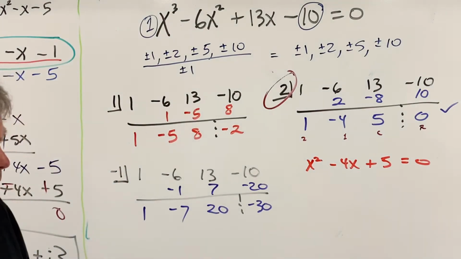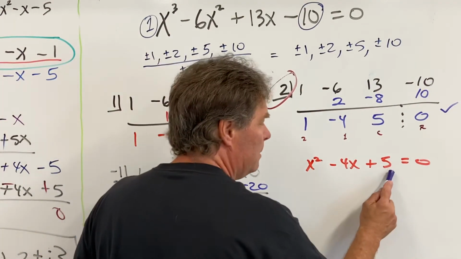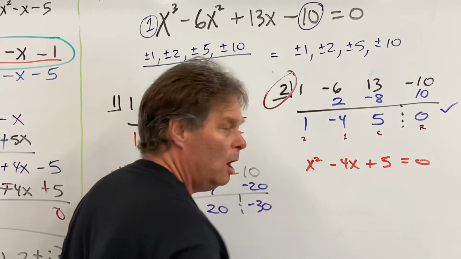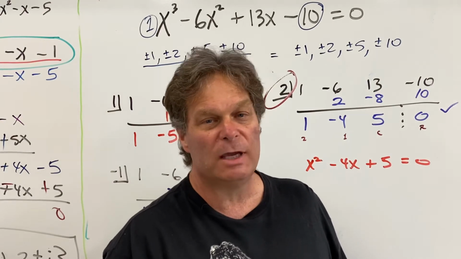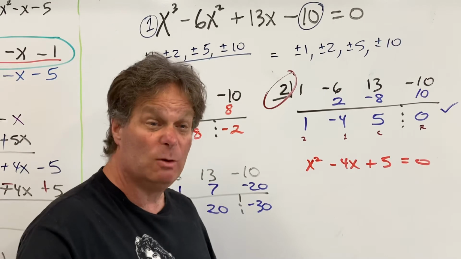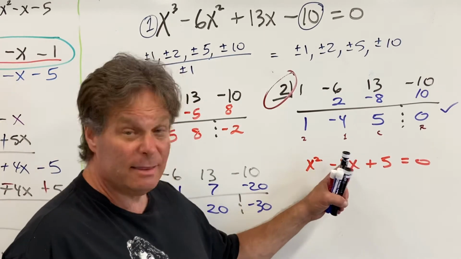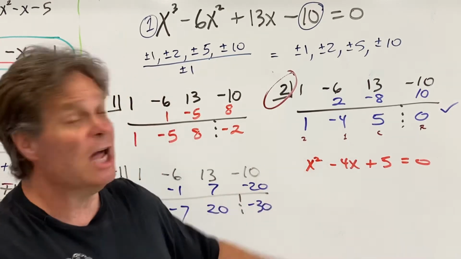That's the other 2 roots inside of there. Can I think of 2 things that multiply to be 5 and add to be 4? No. I could think of 2 things that multiply to 5 and subtract to be 4, that would be 5 and 1. But I can't think of 2 things that multiply to be 5 and add to be 4. So this thing does not factor.